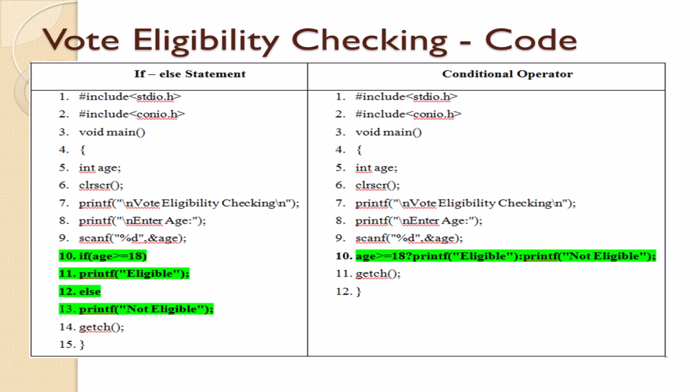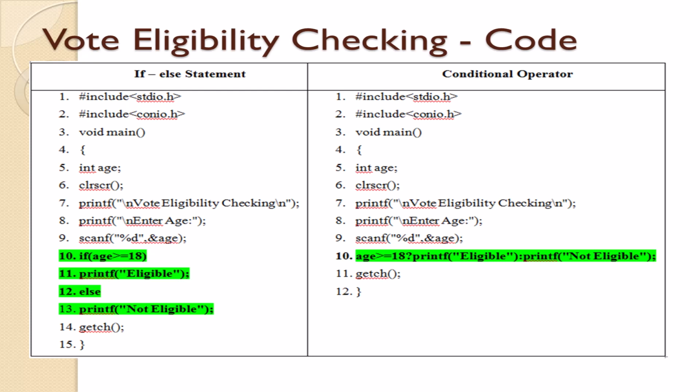Here we check age greater than or equal to 18, then put a question mark, he is eligible for voting. Otherwise, if the condition is false, then colon, printf, we print not eligible. So the core logic of the program contains only a single line.